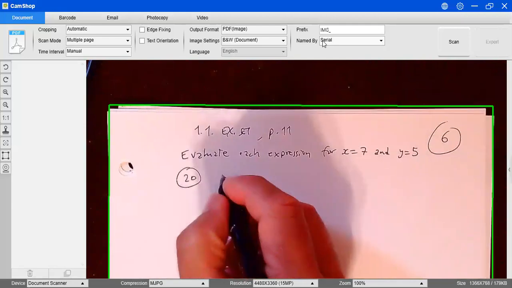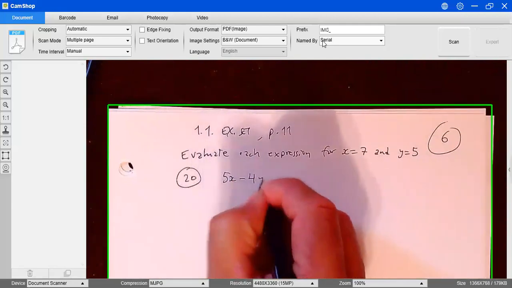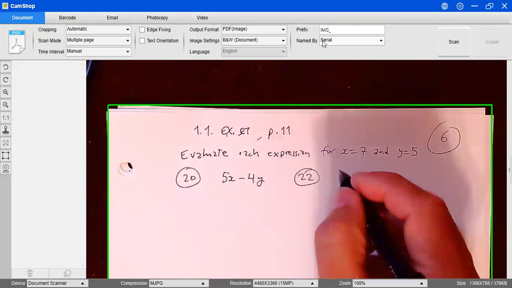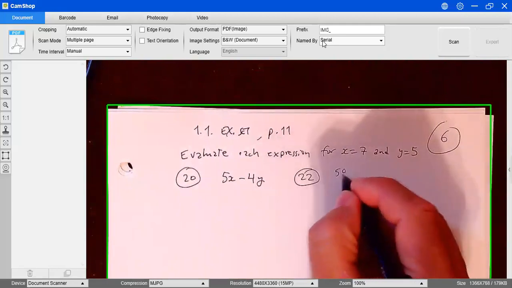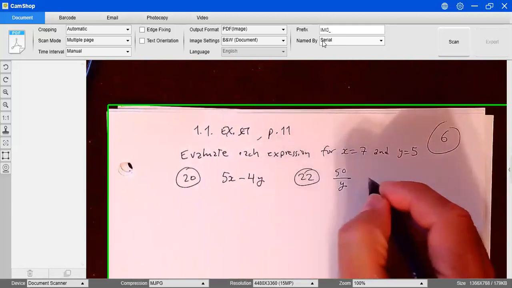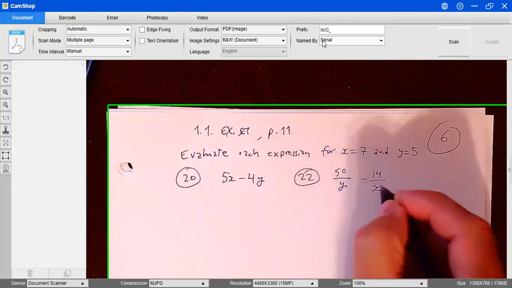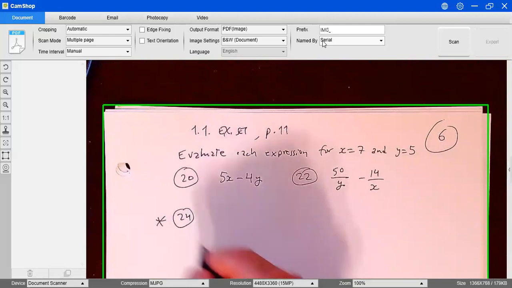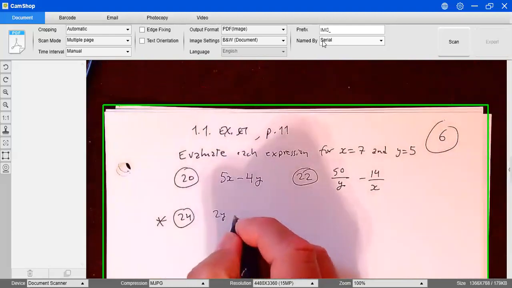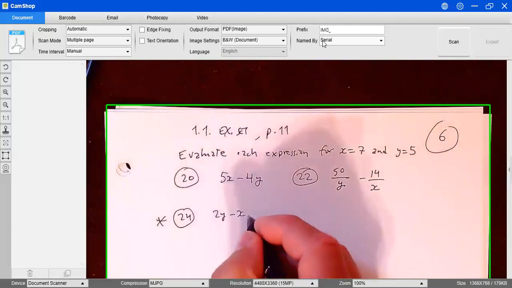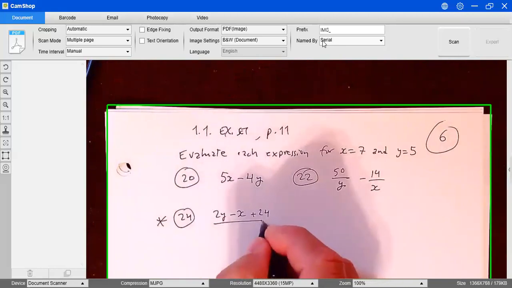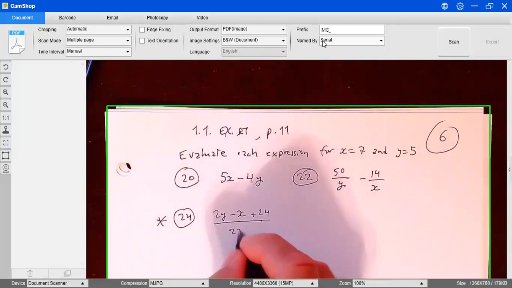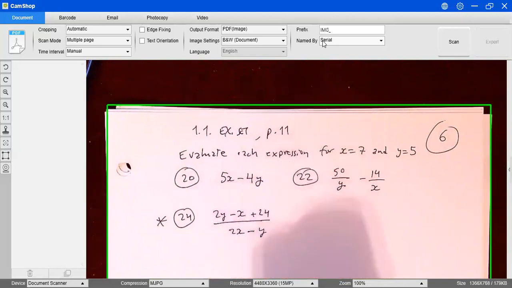Problem 20 is 5x minus 4y. Problem 22 is 50 over y minus 14 over x. And problem 24 has a star. This is important: include it in your submission after the lecture ends. So this is the first part.